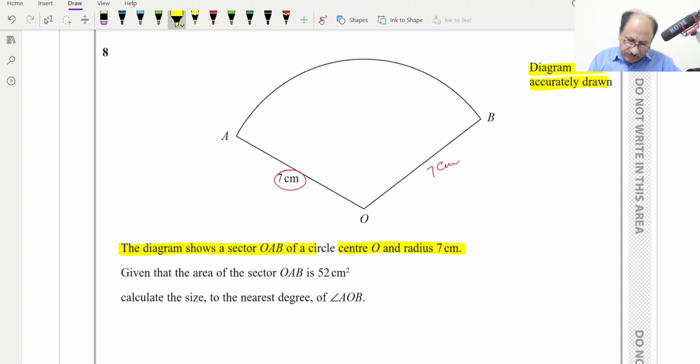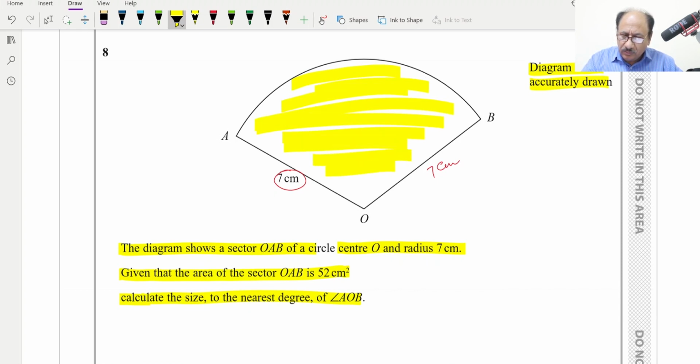So given that the area of the sector is 52 centimeters squared, calculate the size to the nearest degree of this angle. So this whole area is given, which is 52 centimeters squared, and we have to find this sector angle, and we can take it as theta.